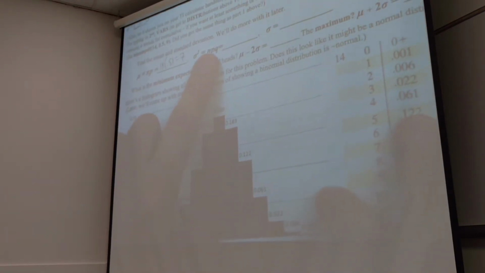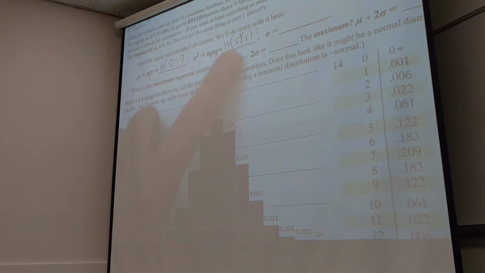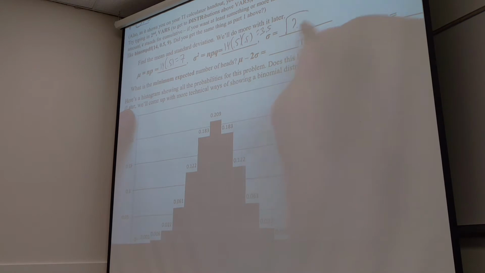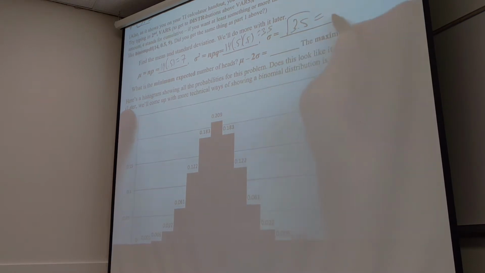The variance would be 14 times 0.5 times 0.5, which is 3.5. And then how do I get the standard deviation? Take the square root. What's that? 1.871.